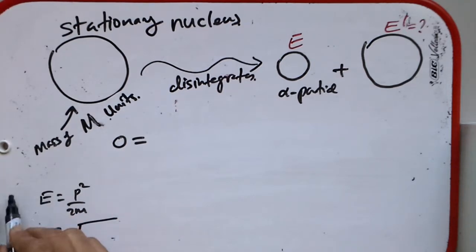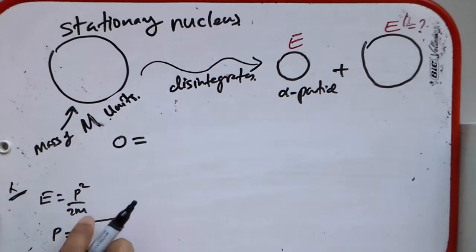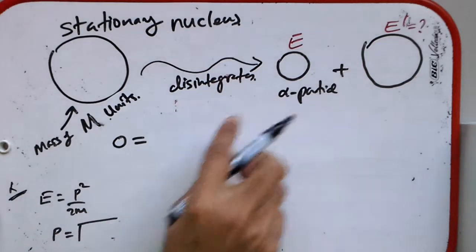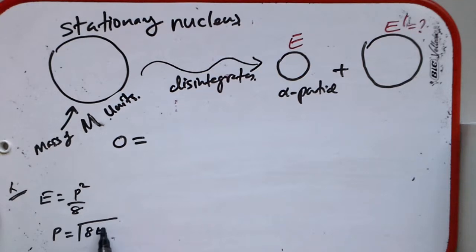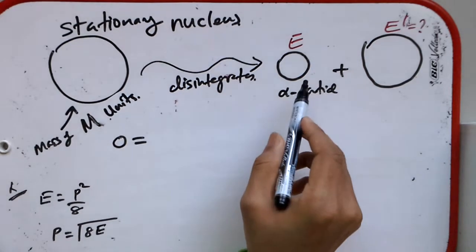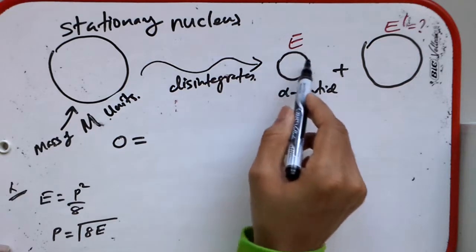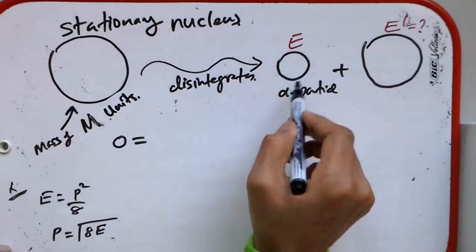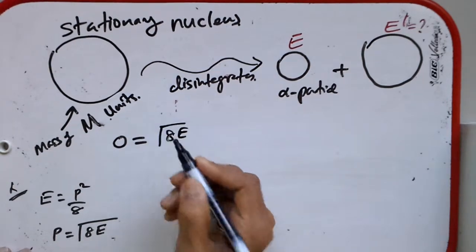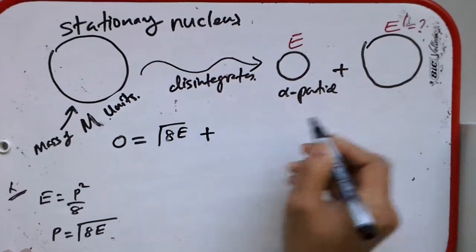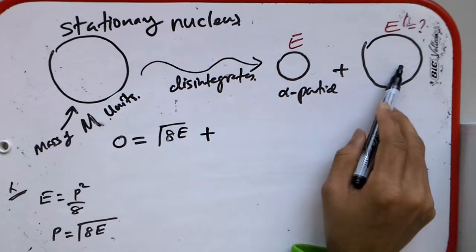For the alpha particle, what is m? We said m is 4 units, so 2 times 4 is 8. So the momentum of the alpha particle is square root of 8E.